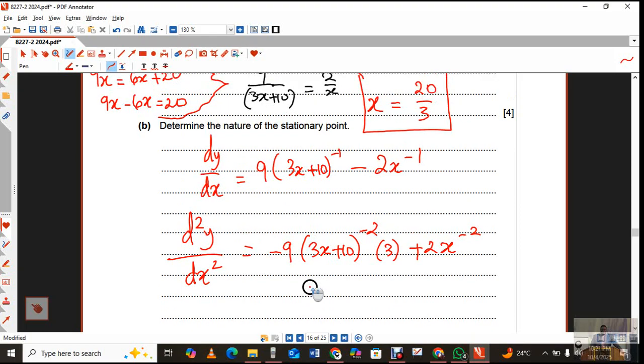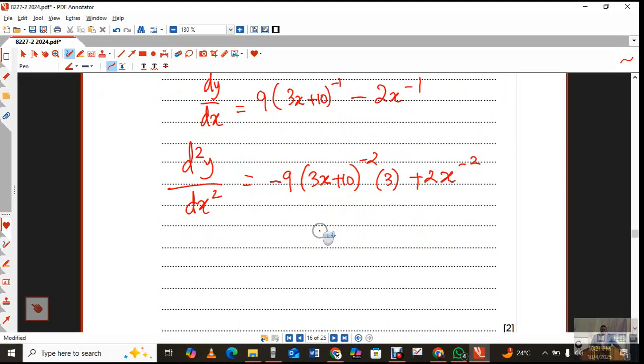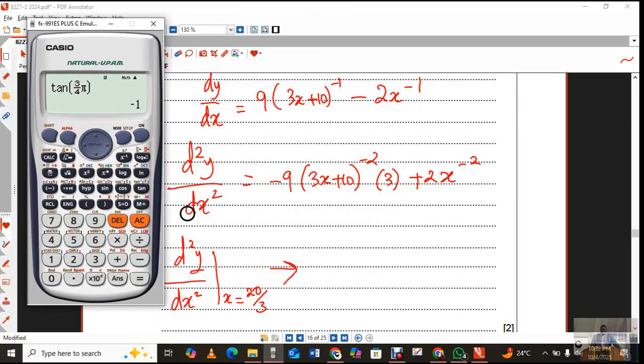Determine the nature of the stationary point when the value of x is what? When x is equal to 20 over 3. Let me grab my calculator and see what it is going to be.